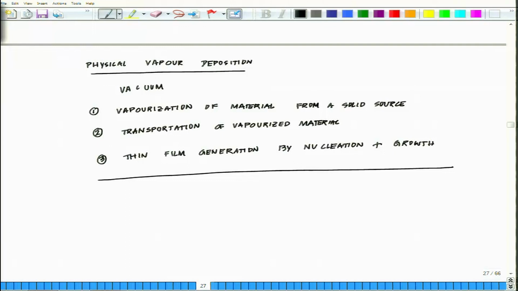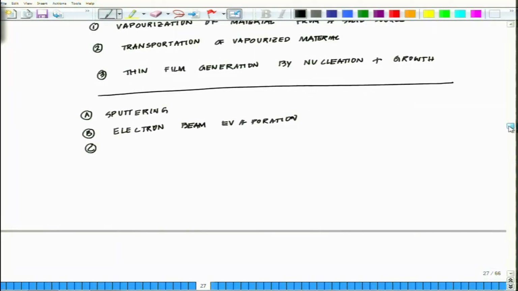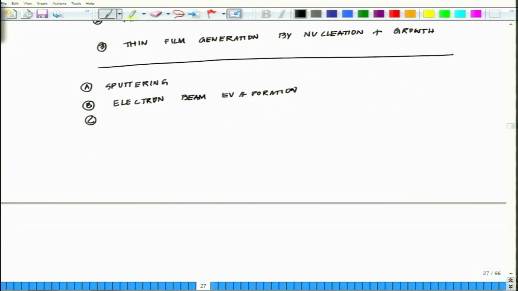The most commonly used PVD methods are sputtering, followed by electron beam evaporation. And you might wonder why I am highlighting these techniques, because if you have to appreciate the biological routes of synthesis, you will have to realize how much complex these processes are, how much energy intensive and instrument intensive these processes are.